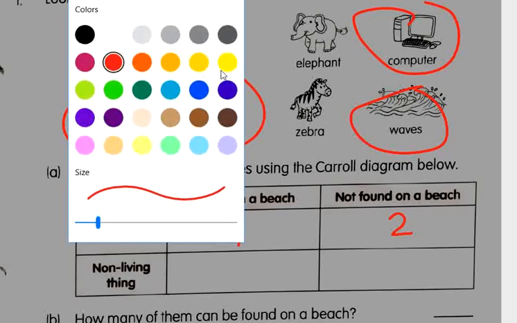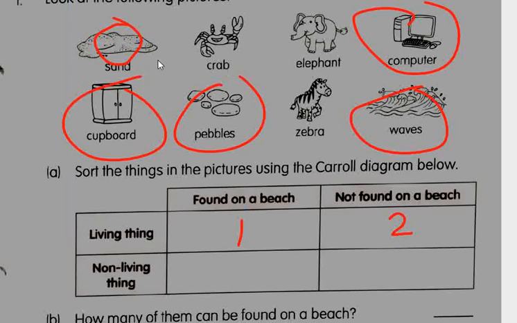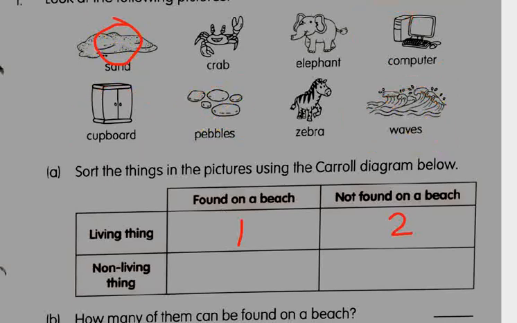I will mark with yellow, and the things that are found on a beach are sand, cupboard, no, right? And waves and pebbles. Right. So how many are there? There are 3.